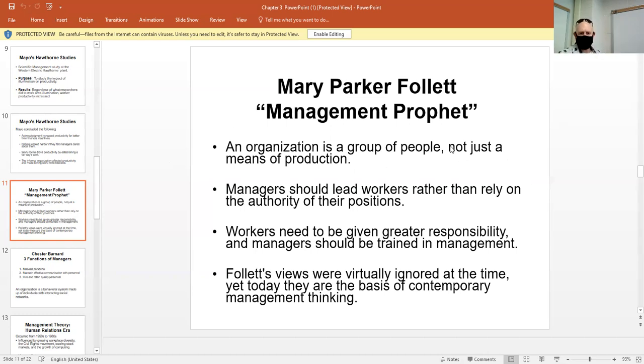So another thing that she said is managers should lead workers rather than rely on the authority of their positions. 100% agree. I think of a good manager as part of the team, yet at the same time, you're kind of like a good coach who can give a rah-rah speech and get everybody going the same direction.